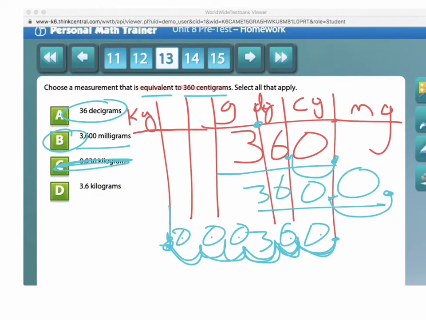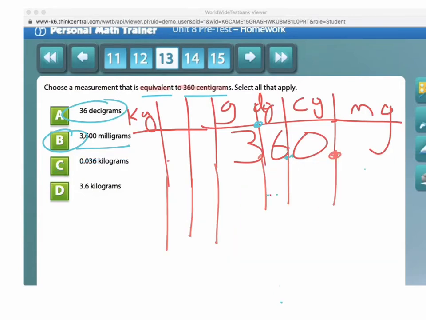And then finally, 360 centigrams, changing that again to kilograms, it is not 3.6 kilograms. So the only answers that seem to be right are A and B.